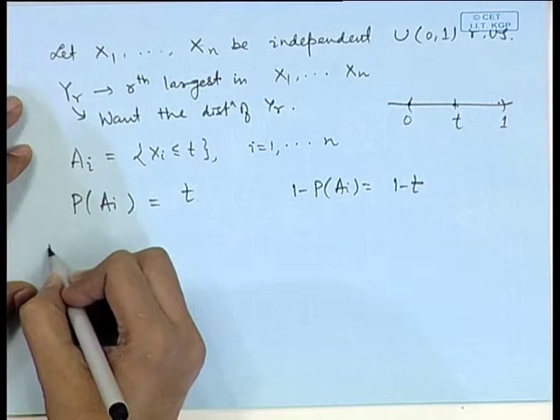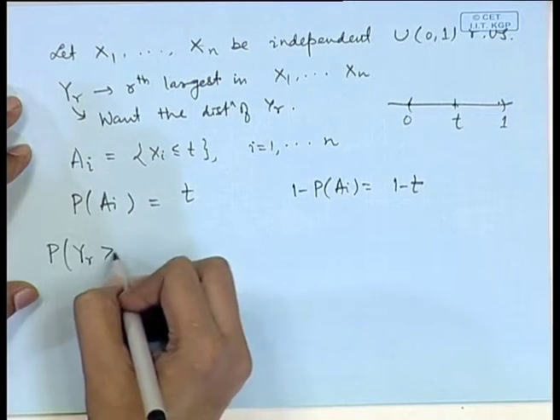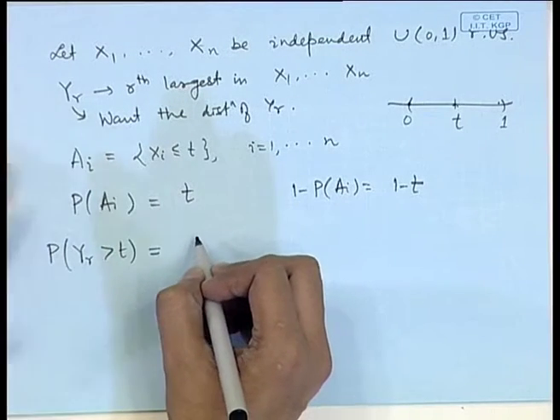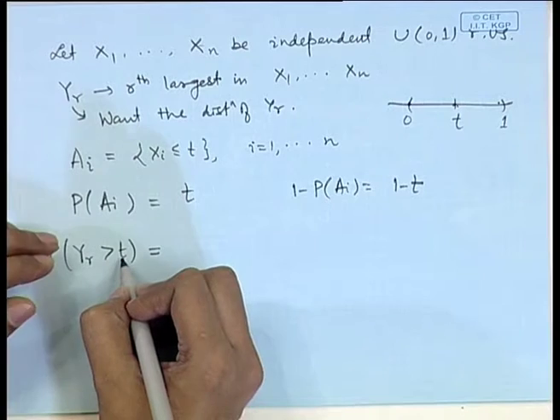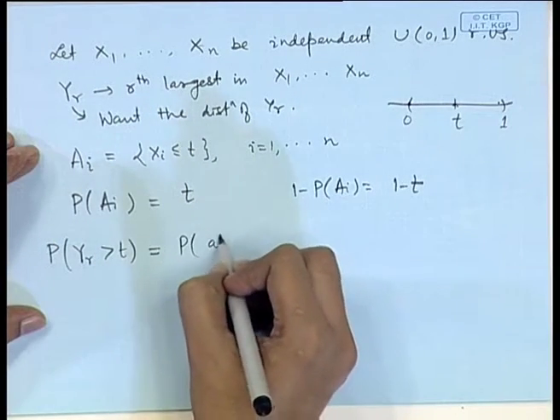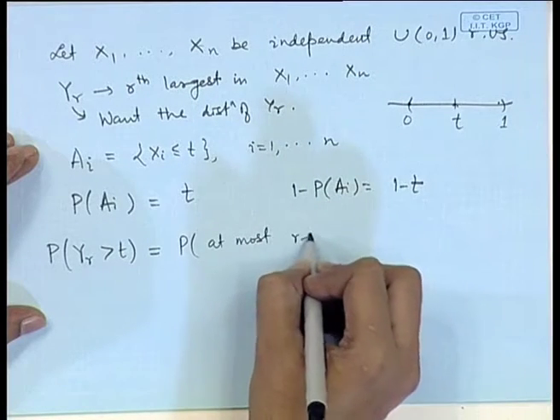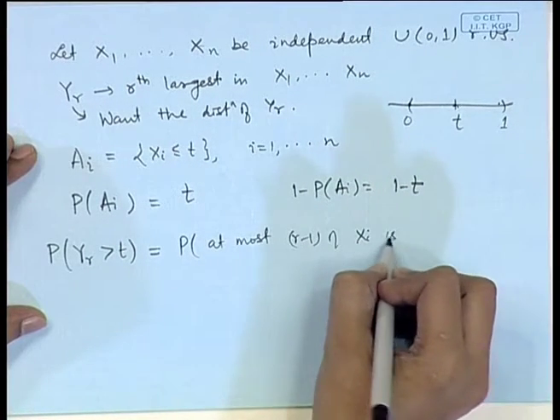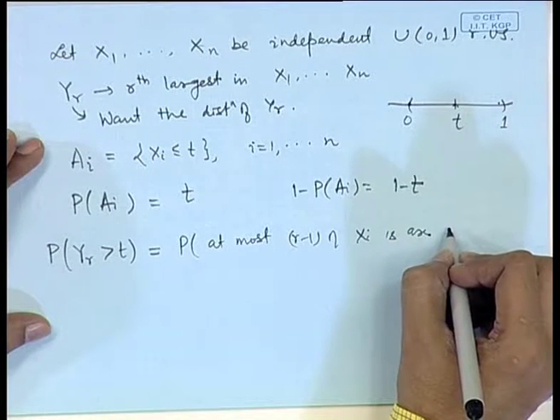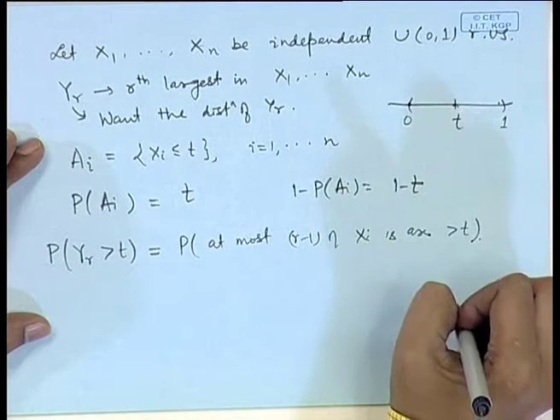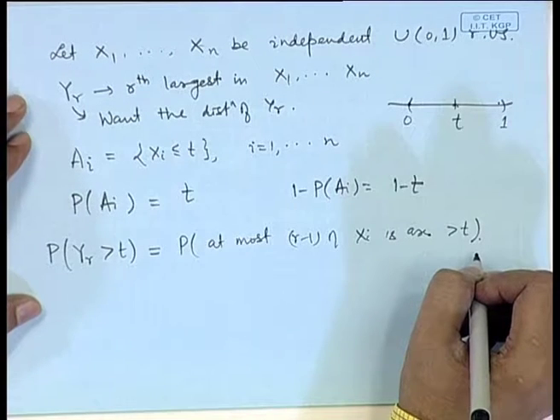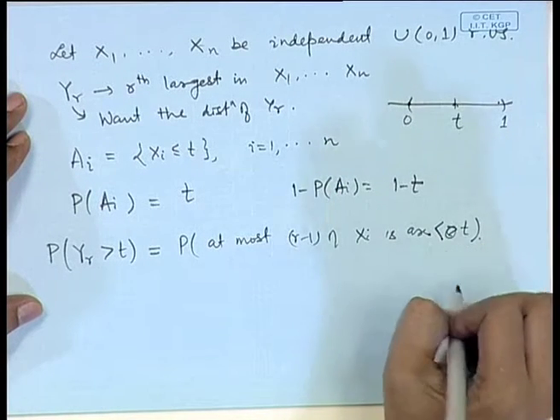If we are looking at the probability of y r greater than t, it is equivalent to the event that at most r minus 1 of the x i's are less than t.